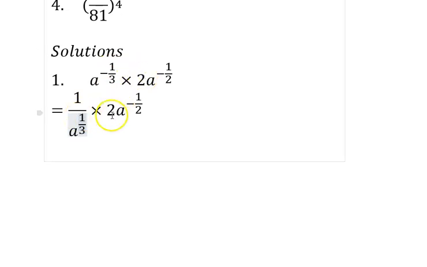Now this 2 is standing alone. We apply the same rule here. This a raised to power minus 1 over 2, this minus simply means 1 over, so let's get this as a template. Awesome.